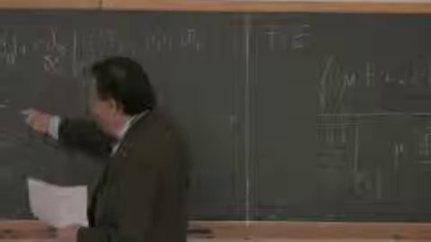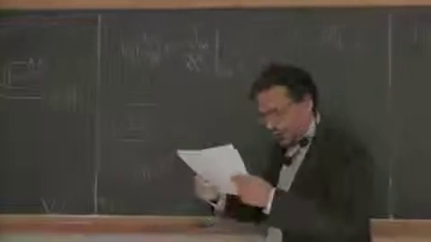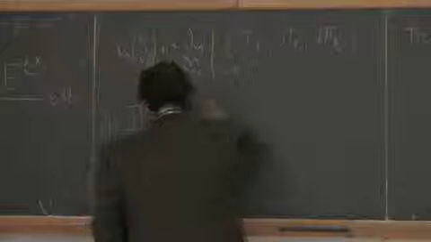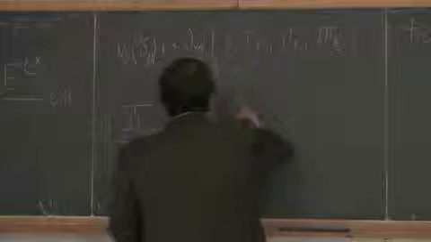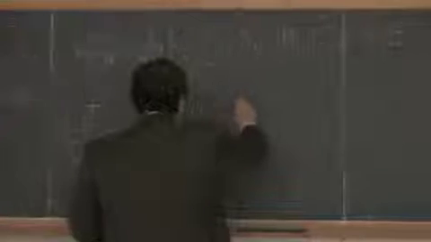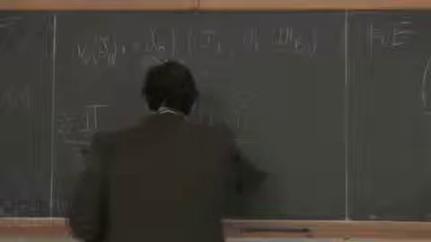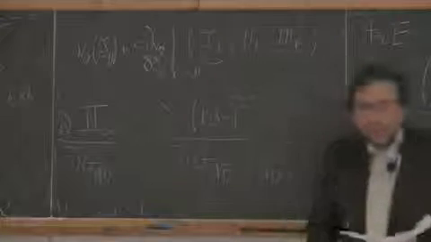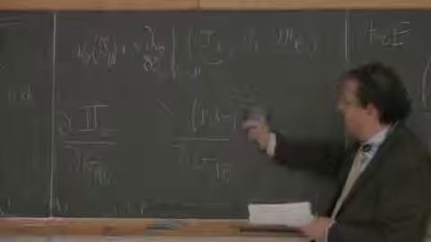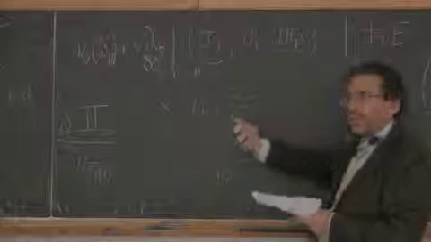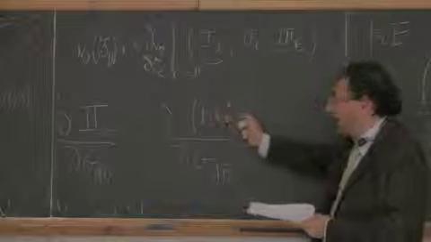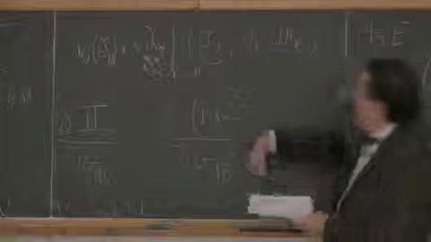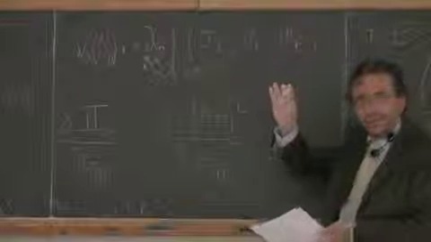So the derivative of the invariant of G over dG is the derivative of trace of G square over dGAB, and I will not bore you with this term because this is 2 trace of G times the derivative of trace of G over dGAB, and we have already treated it.